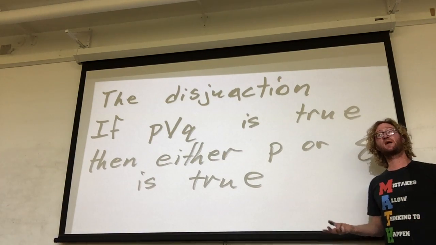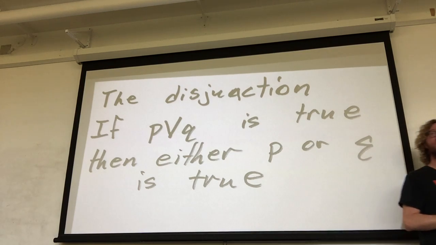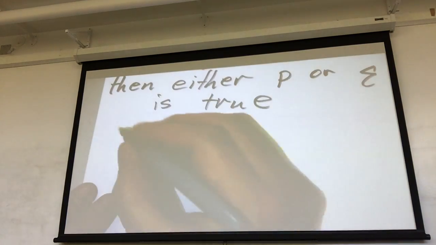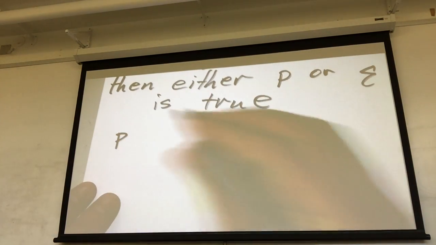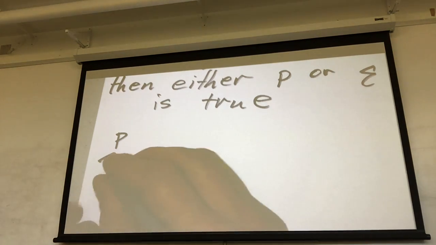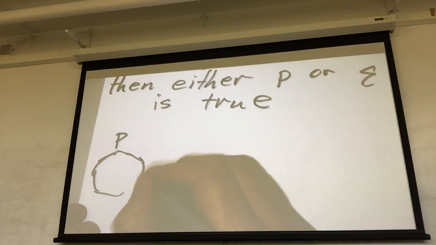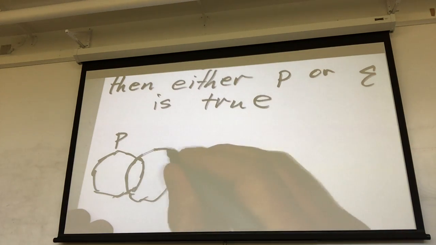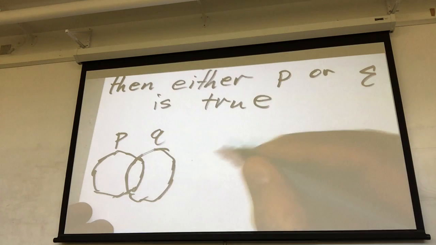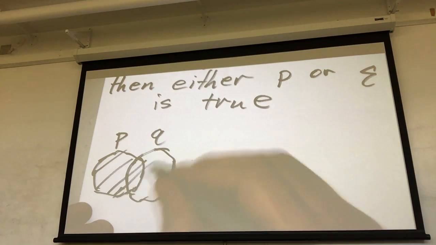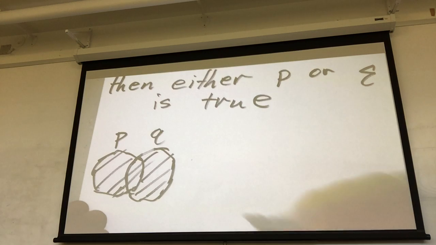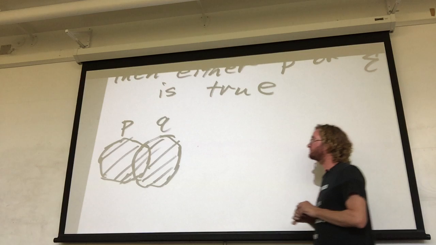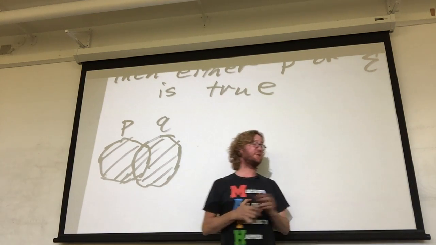So if you were going to draw this as a Venn diagram of whether P or Q is true, and if I had P and Q, what's it going to do? It's going to fill in everything. So that's what I kind of mean by union. Okay, so either, I mean, P or Q could be true.